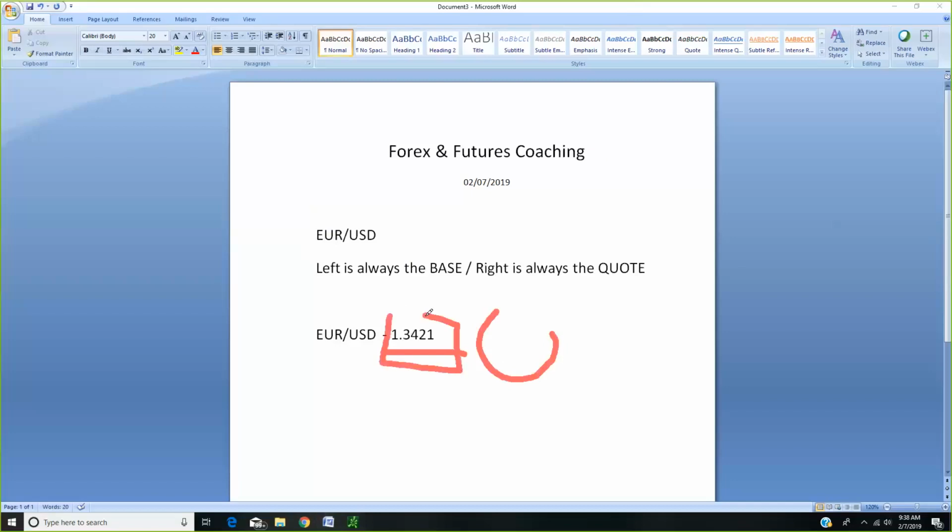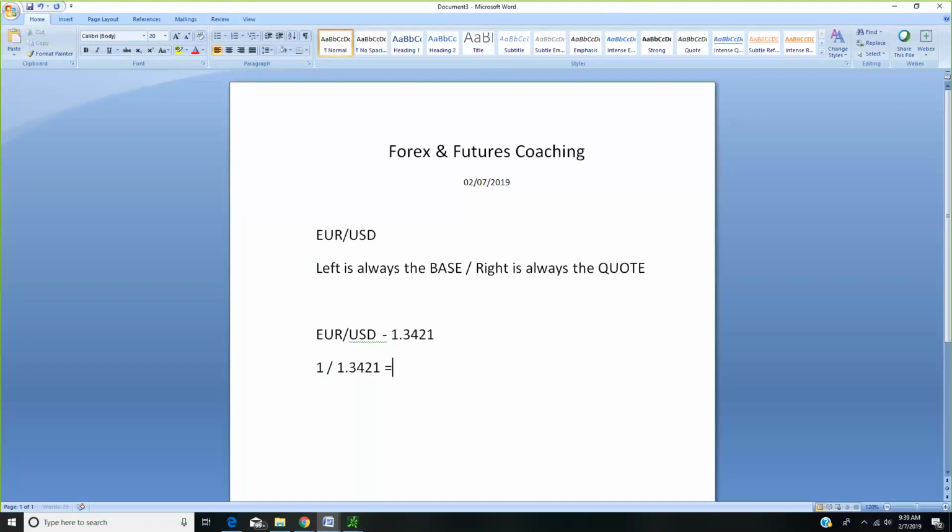So what I mean is, here, let me just do this. This might help out. I don't know if you guys know this, but if you take 1 and divide it by that number, 1.3421, what does that equal? You take 1 divided by 1.3421, and that equals 0.7451.